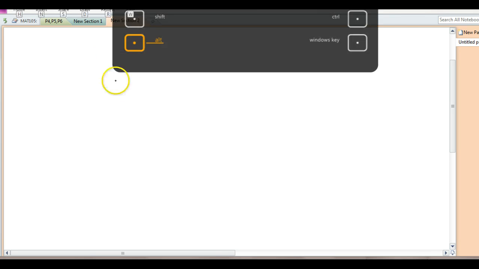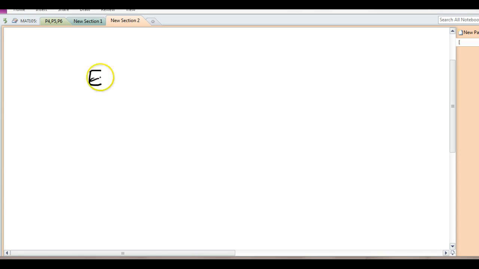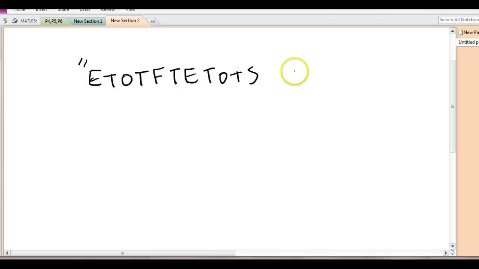I suggest you learn ETO-TF-TE-TO-TS. That's easy to remember, right? I actually, one of my professors in grad school is the reason that I use this acronym.